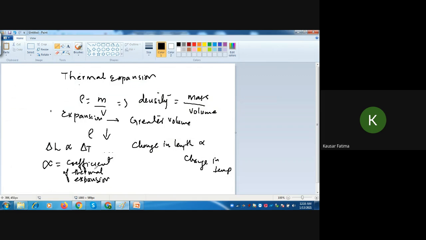Greater the value of coefficient of thermal expansion is, the greater will be the expansion.